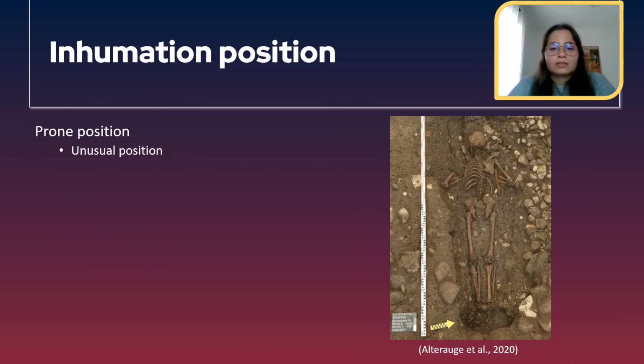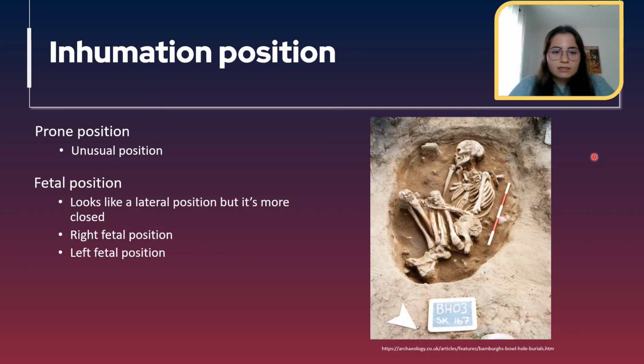The last 2 positions that the skeletons can be found in are a prone position, which is, for example, the skeleton here, which is very unusual, and the last is a fetal position. It is similar to the lateral decubitus, but in the fetal position the skeleton is more closed, as you can see here in this image.